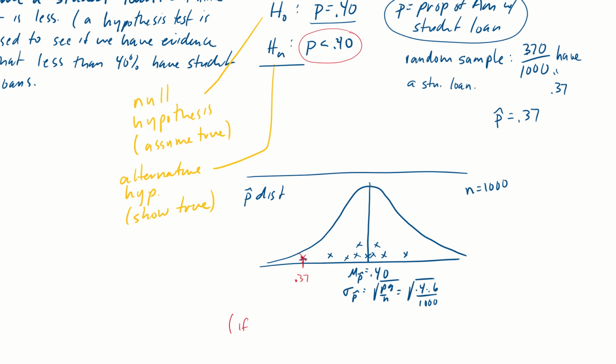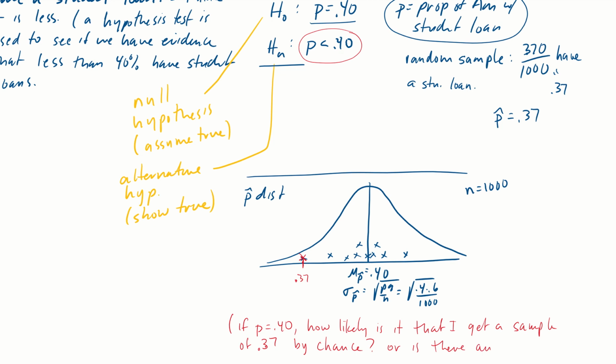If P equals 40%, how likely is it that I get a sample of 37 by chance? Or is there a reason why?